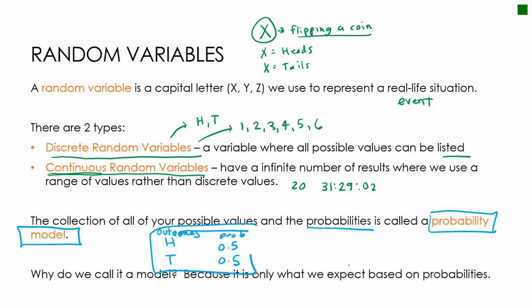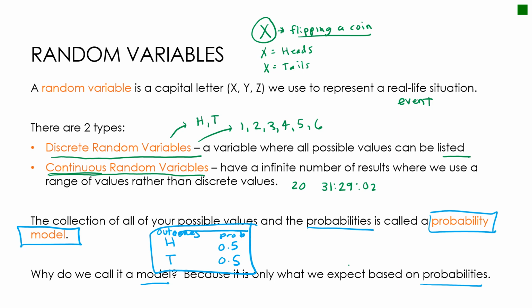And that would be considered a probability model. And again, this is a model because it's what we expect to have based on the probabilities of 0.5 and 0.5.